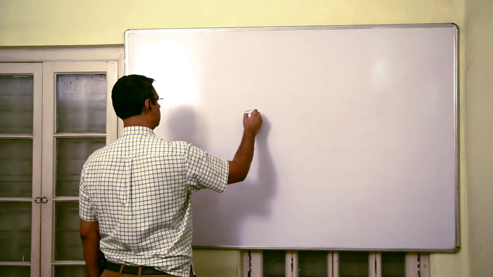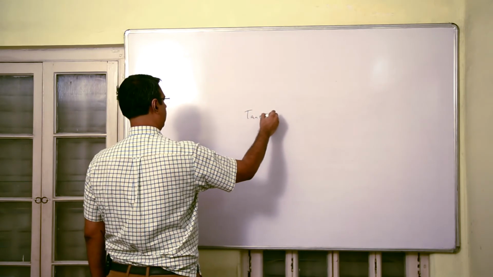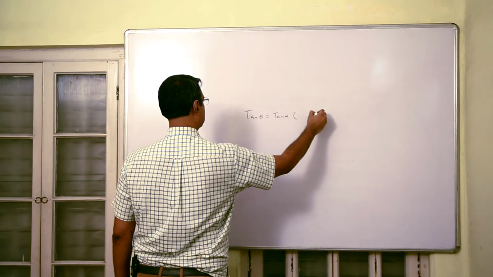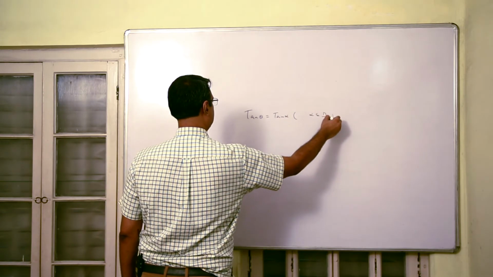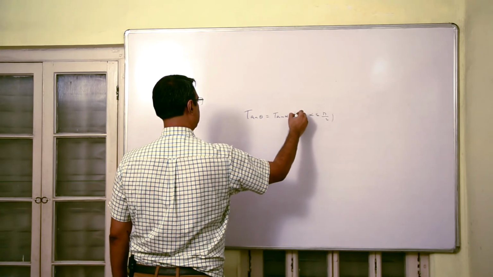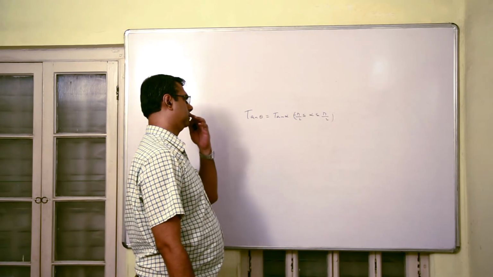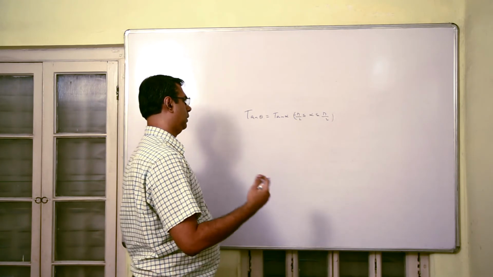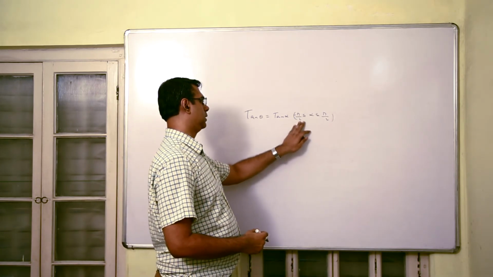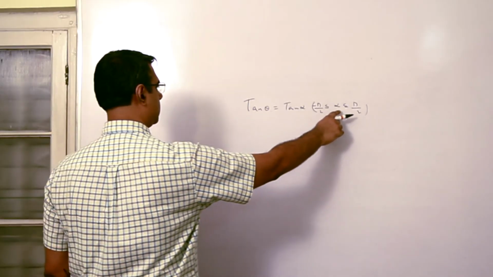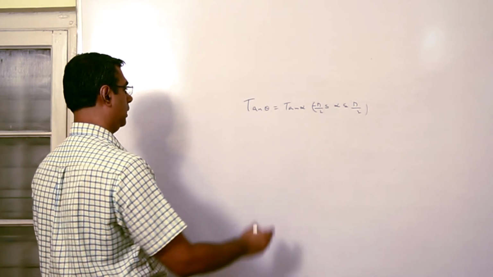Now let us discuss tan theta equal to tan alpha. You know that just like sine, tan goes from minus infinity at minus pi by 2 to plus infinity at pi by 2. So this is the principal value range for tan.